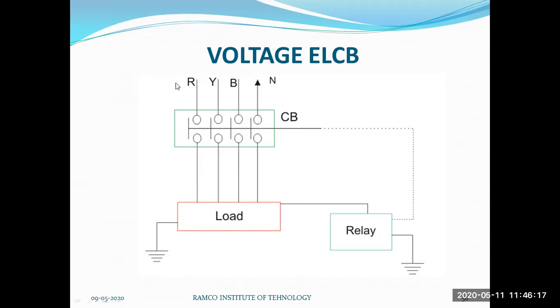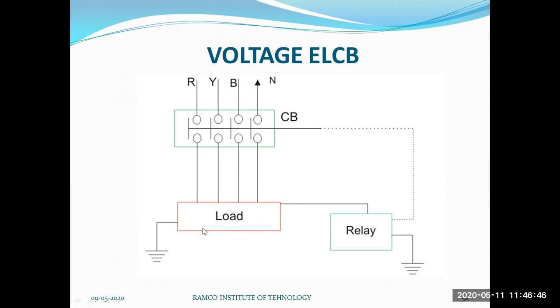If there is a large difference in the potential of your R phase, Y phase, B phase and neutral, then a difference amount of electric current will flow into your earth point. At that time, your electric appliance is not protected. So it is having a fault condition.